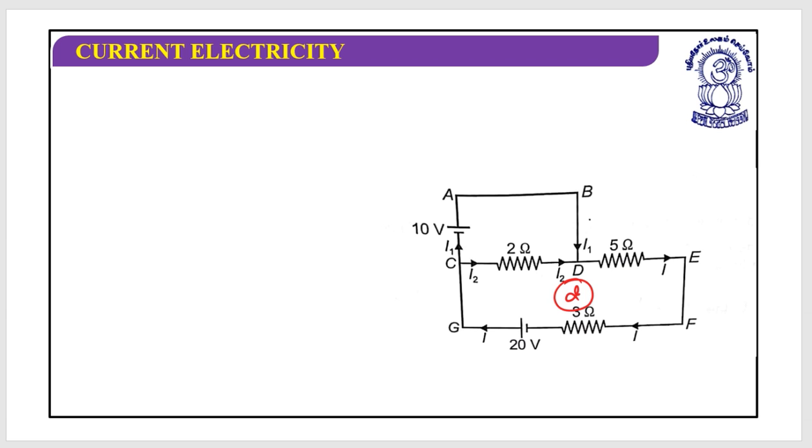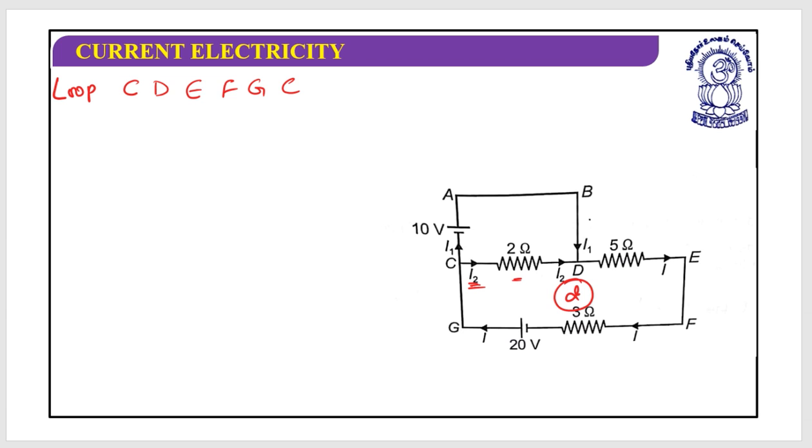This is my second loop. For this loop, let's suppose I take C, D, E, F, G and C. So we are moving in this direction, C, D, E, F, G to C. If I'm moving in this direction, let's write it down.